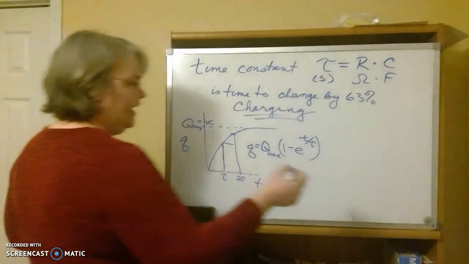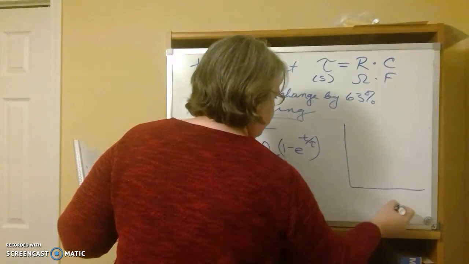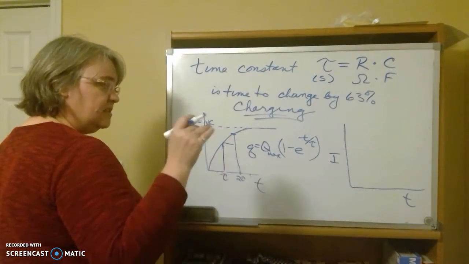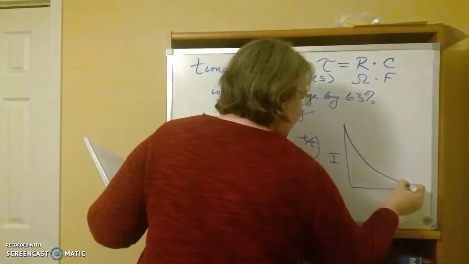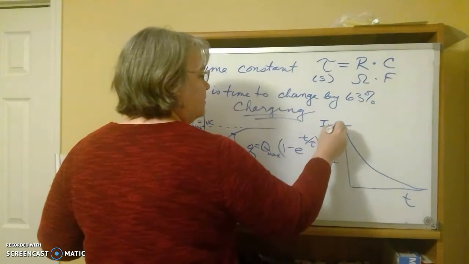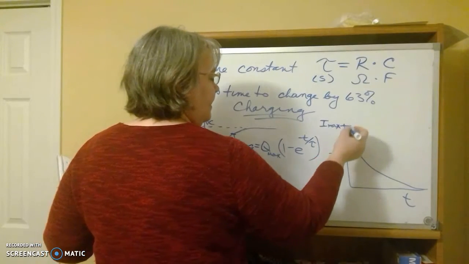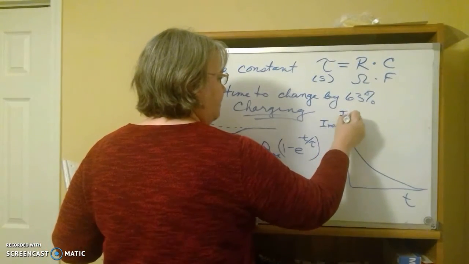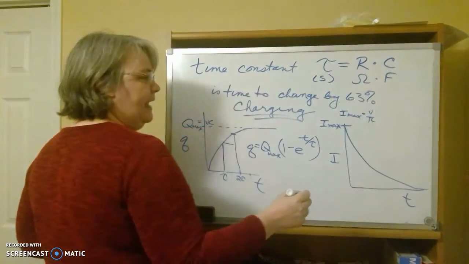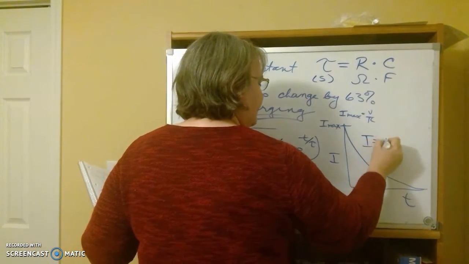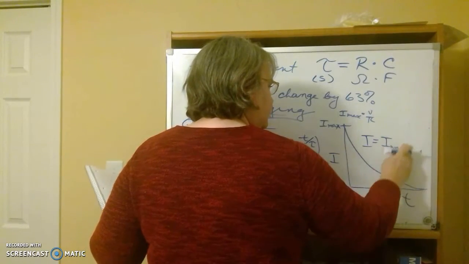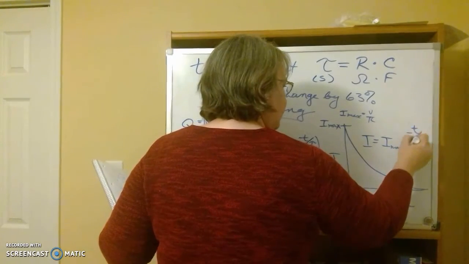If we look at current over the same time frame, the current I starts out fast, and then it slows down as the capacitor gets more and more full. My I max comes from V equals IR, so I max equals V over R. And its equation is I max times e to the minus t over tau.